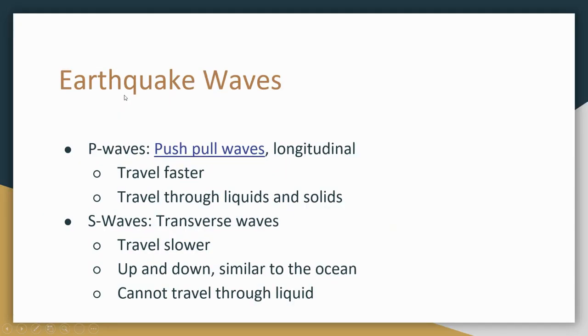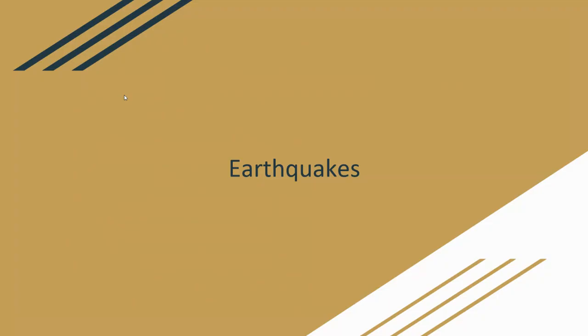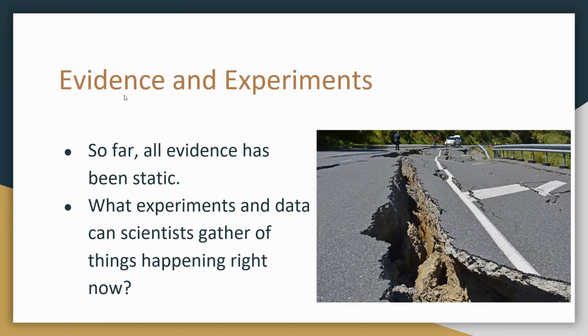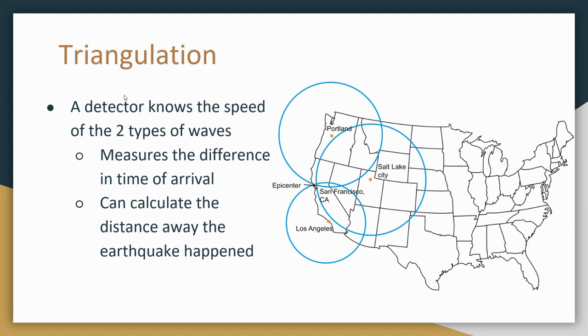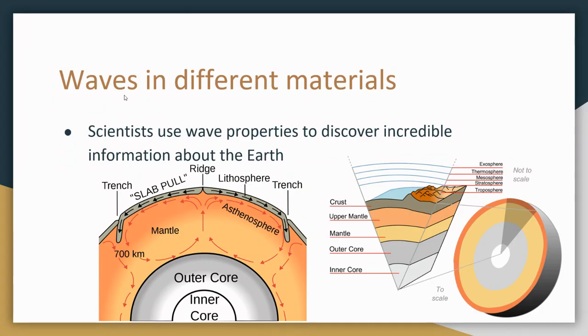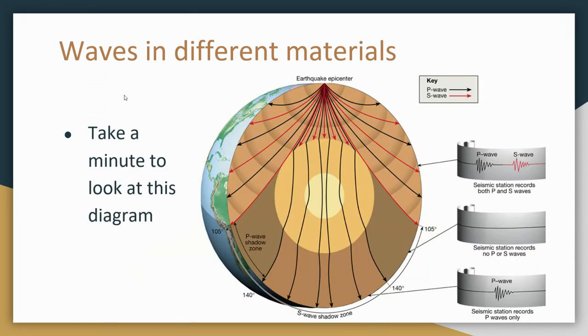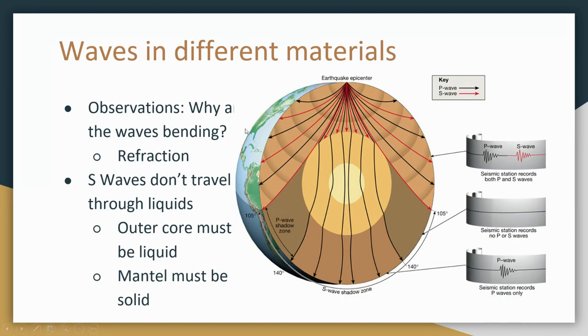So this experiment, remember we were talking about, what evidence and data can scientists take to measure things? Well, we took a whole bunch of data about where earthquakes happen and the speed that those waves travel at, and the location that we measure those waves at around the Earth when they happen, to determine the composition of our entire Earth.